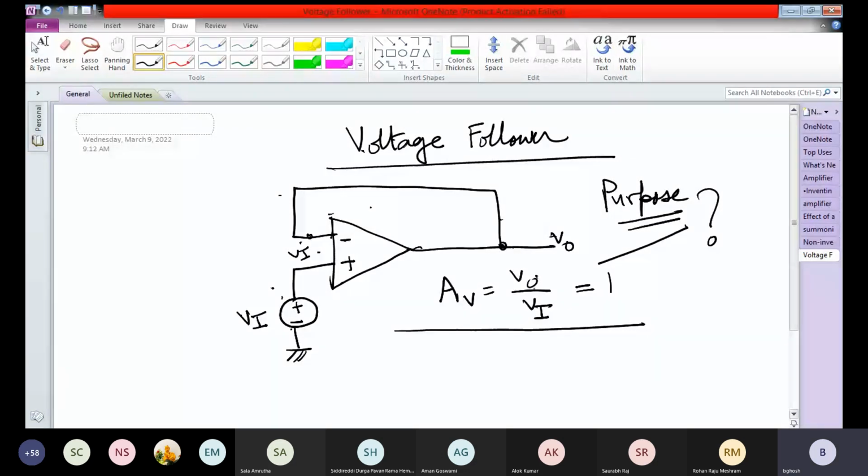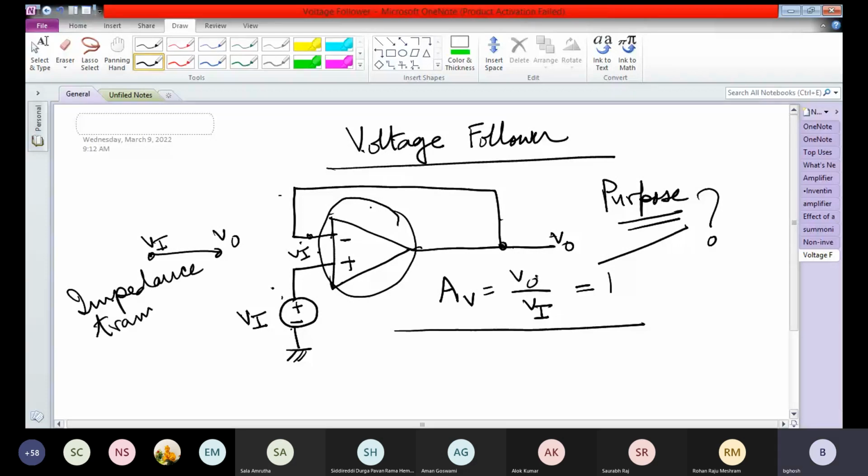What is the need of the operational amplifier in this? So this circuit is also called an impedance transformer, and there is a reason why it is called an impedance transformer. Or it is also called a buffer.